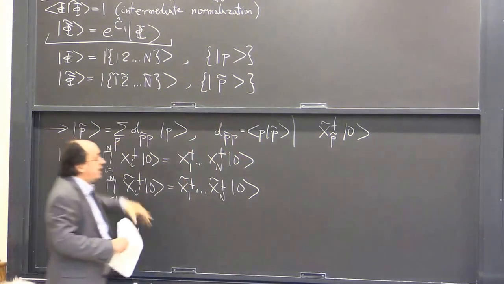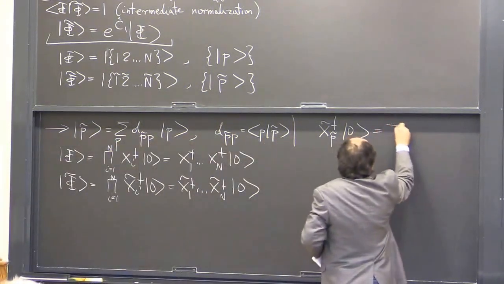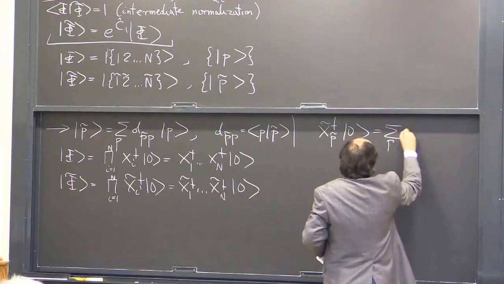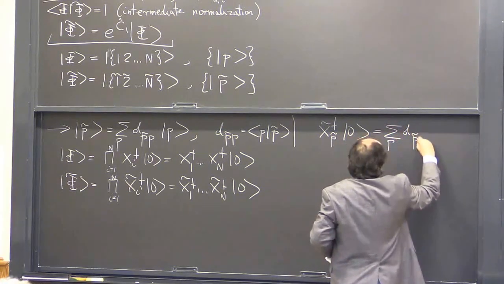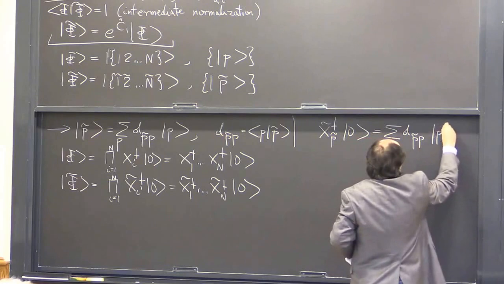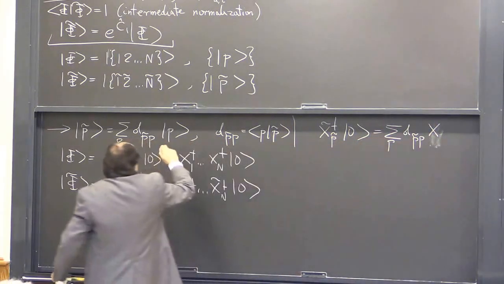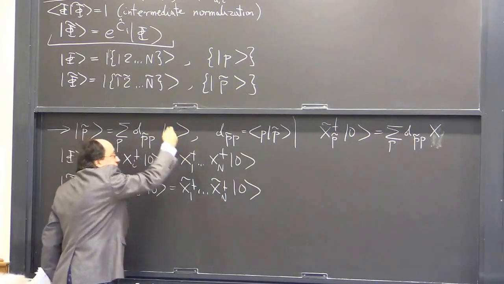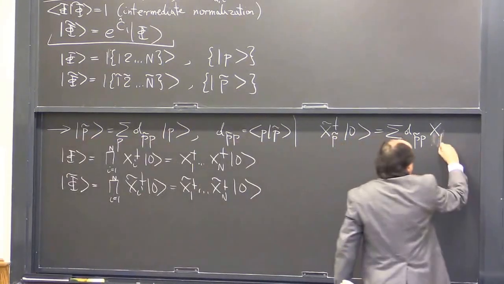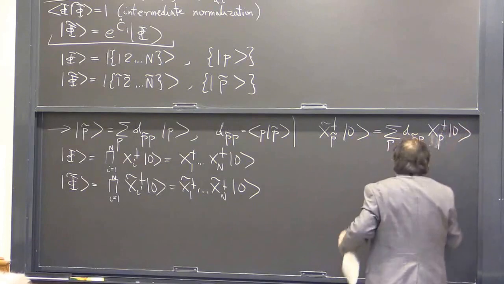That's the left-hand side. And on the right-hand side, I will have a summation over p of d p tilde p, and here, instead of p, I can simply write the creation operator xp dagger acting on the true vacuum.